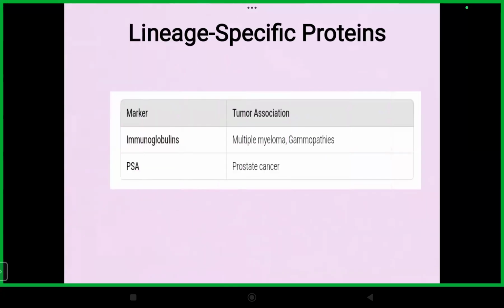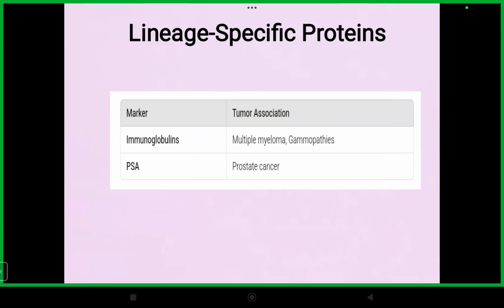Then we have lineage-specific proteins. It means certain proteins which are present in certain lineages. That is, with the nature of the protein, you can identify the lineage of tumor. Example for that is immunoglobulins, which is seen usually associated in multiple myeloma and in gammopathies. Then PSA, prostate-specific antigen, which is seen elevated in prostatic cancer.